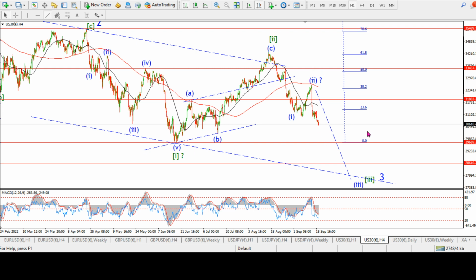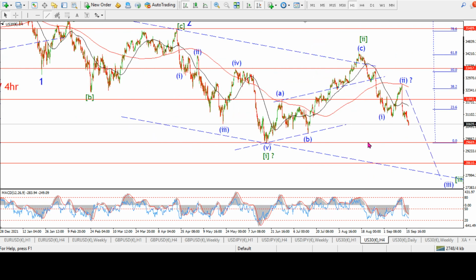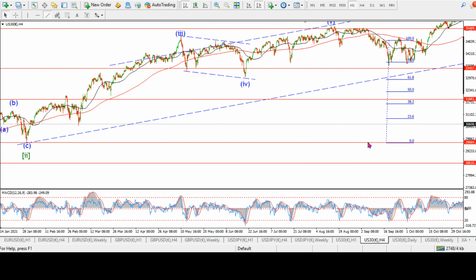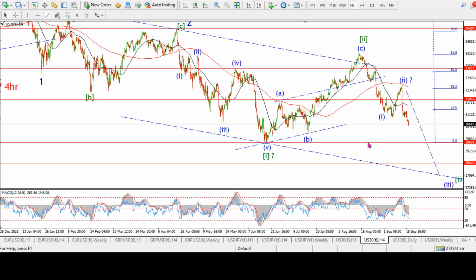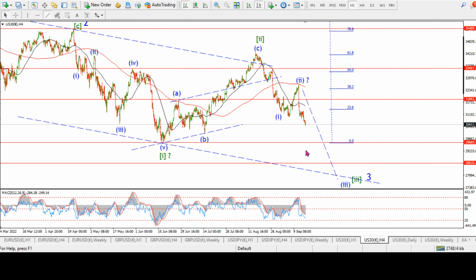And like I said, we're approaching the pattern lows that were created off the decline since February. Let's say the most extreme low that we've reached so far is just below 29,700, and here we are, about 1,000 points above that, well, give or take, 900 points above that.